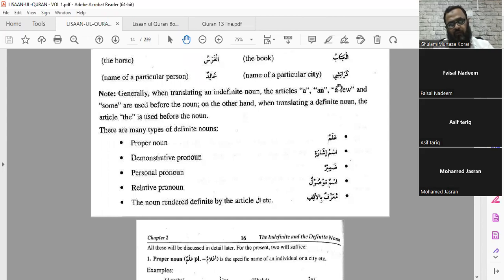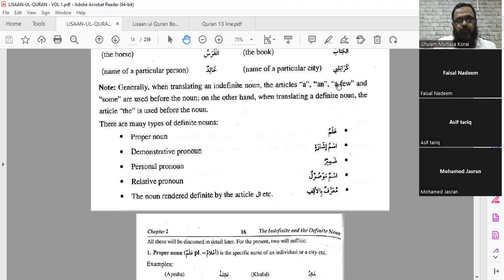So it will be al-farasu, al-farasa, or al-farasi. Likewise, al-kitabu, al-kitaba, al-kitabi. So alif lam is mu'arraf bil lam. This is the way an-nakiratu can be converted into al-ma'rifatu, by adding alif lam before it.